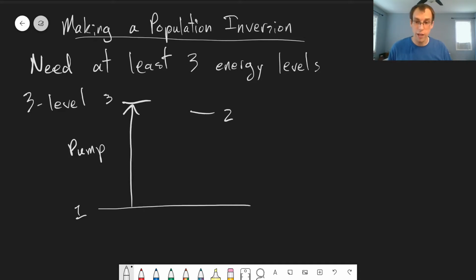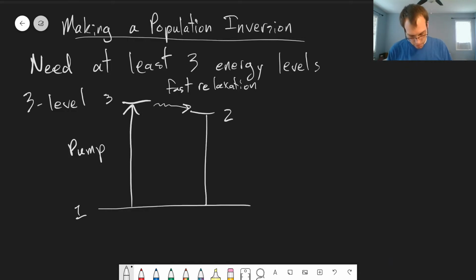We have some way, and as we'll see, there are multiple ways to do this, of getting our molecules into the excited state. And then we have some sort of fast relaxation process between state 3 and state 2. And state 2 back to state 1, this is our lasing transition. And this is, relatively speaking, slow compared to the transfer from 3 to 2.